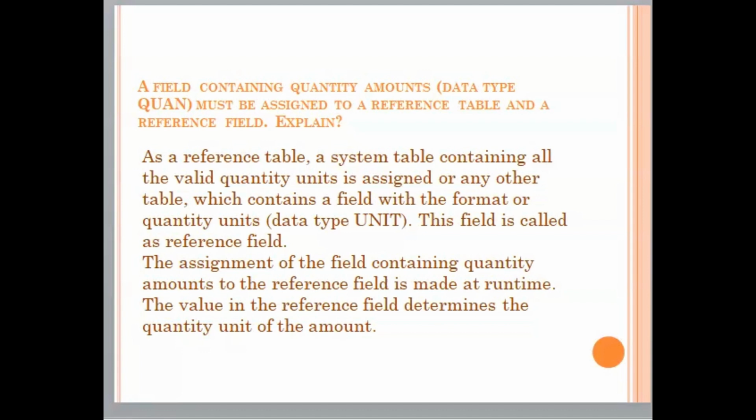This field is called the reference field. The assignment of the field containing quantity amounts to the reference field is made at runtime. The value in the reference field determines the quantity unit of the amount.